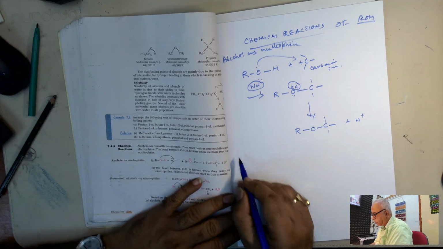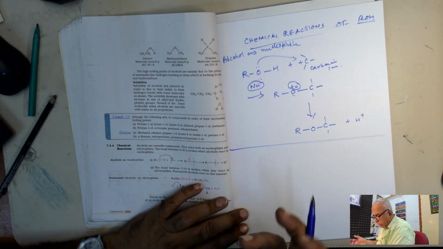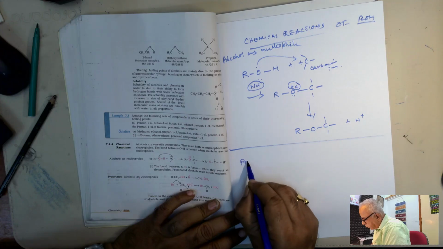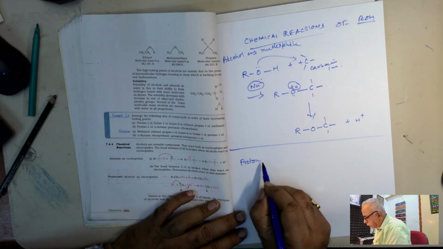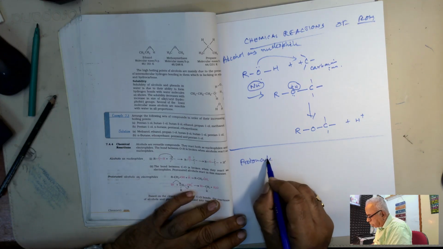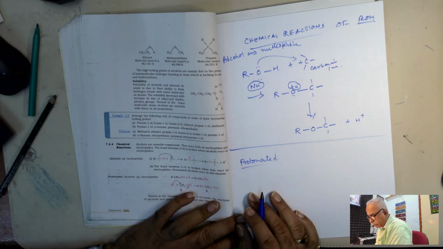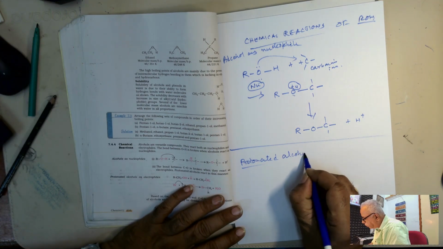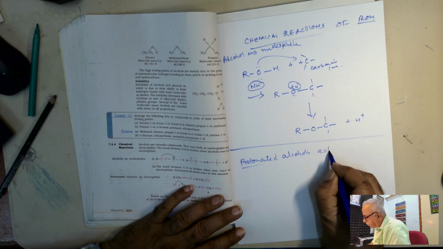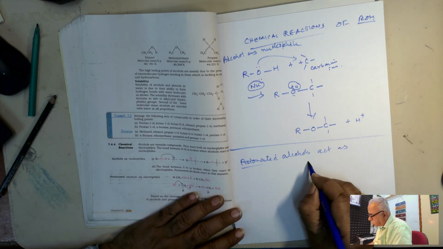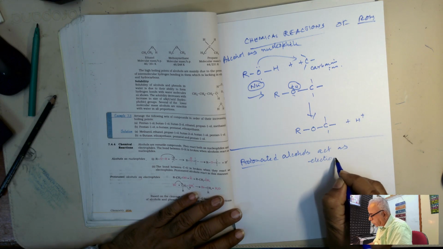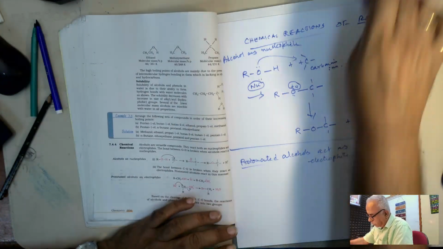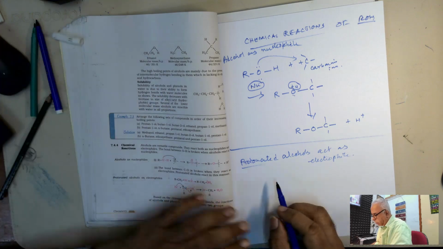And at the same time, when you acidify, that is protonated alcohol, take down. What is that? This is called protonated. Proton means H plus. So protonated means by adding H plus. Protonated alcohols act as electrophiles, just the opposite character. Now let us look at this.